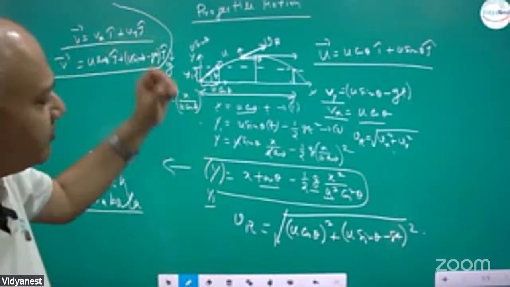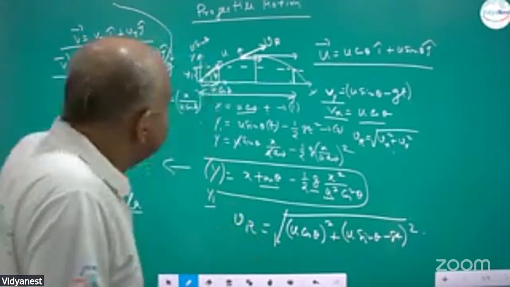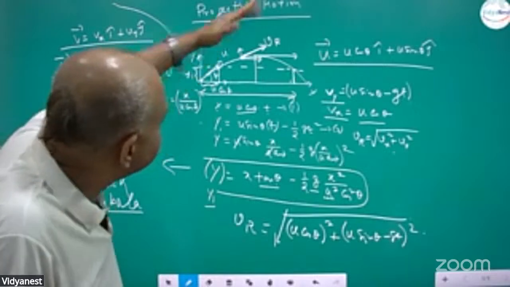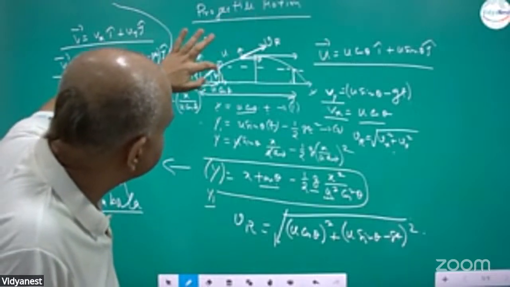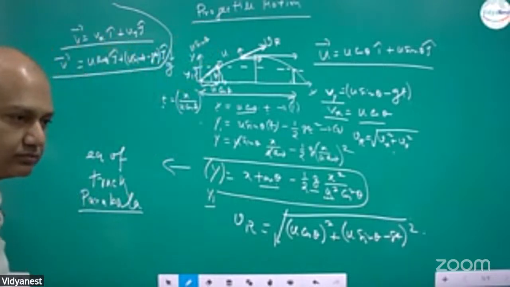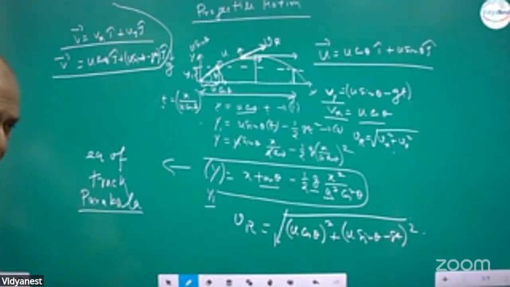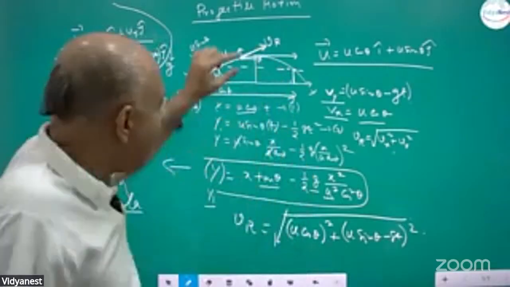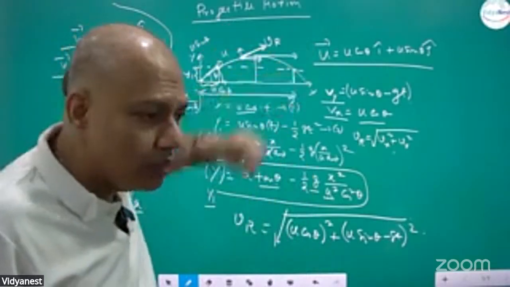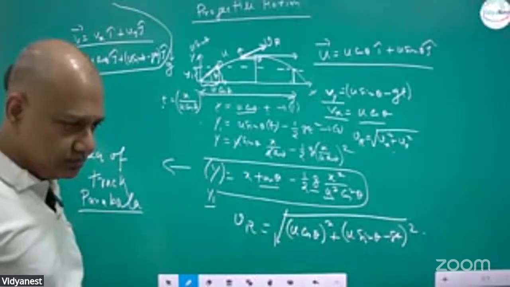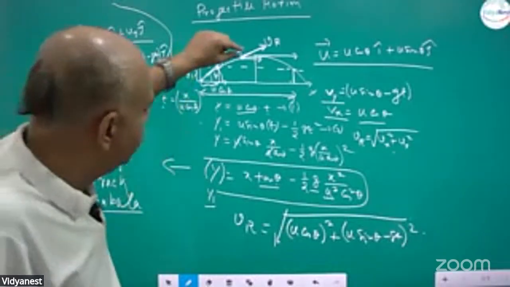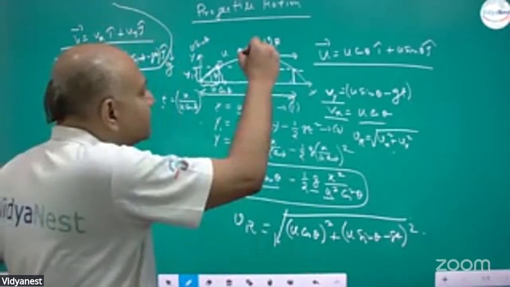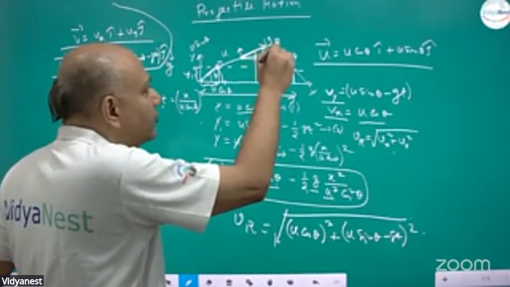Now see, can you tell me, Saurabh, initially the particle is fired making an angle theta with the horizontal direction. But after t time, does the angle remain the same? No, sir. Can you see, this angle is changing. Suppose after t time, this angle is alpha.